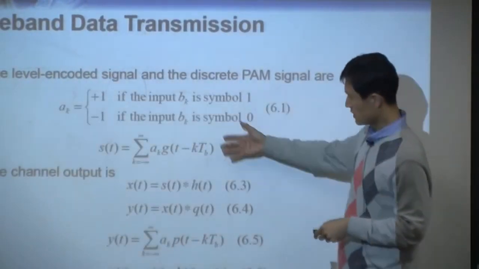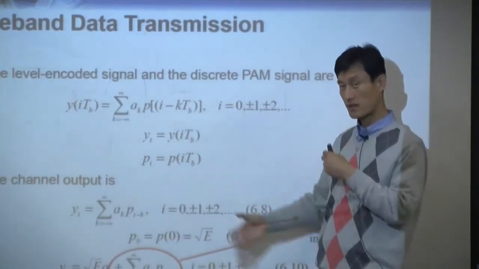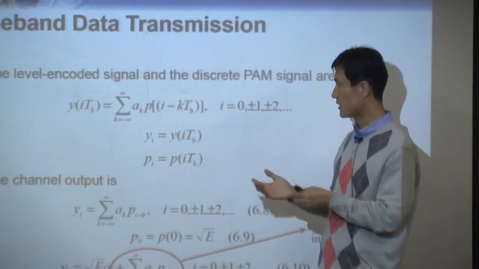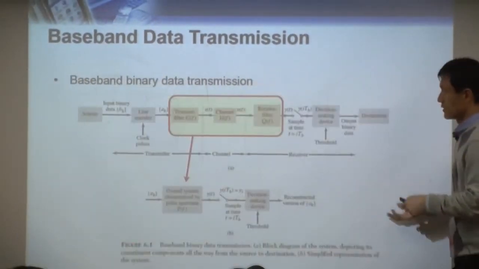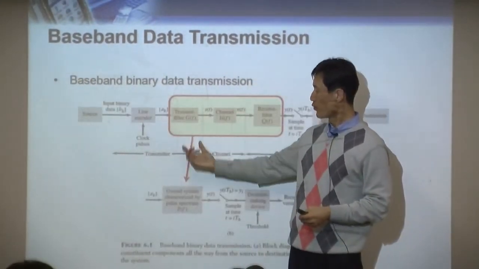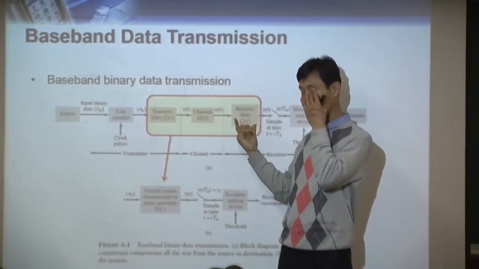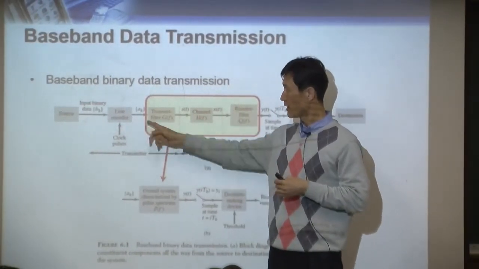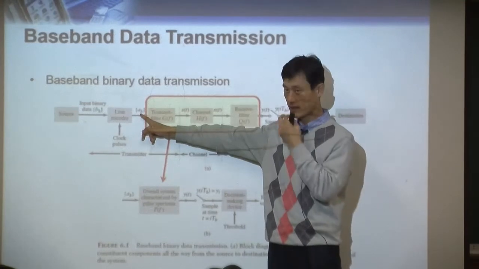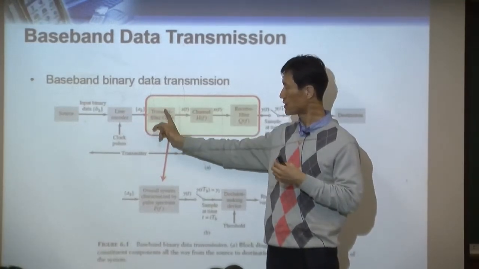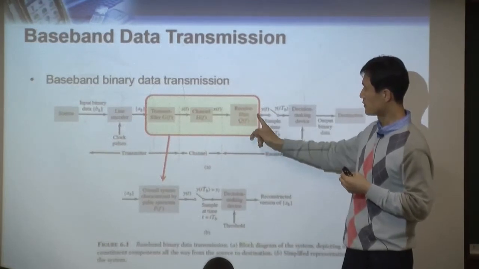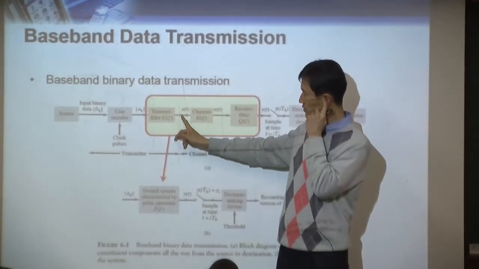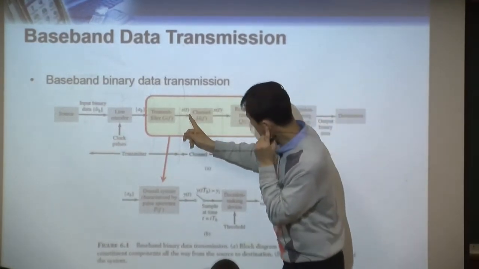So this whole equation is a mathematical way of showing all that. Let me tell you a little bit on how to do that. In here, we group these 3 blocks together and make a PT. And let's think about this one as AN. AN is going to be input to the transmit filter, and YT is the output of the receive filter. Here is ST, right?